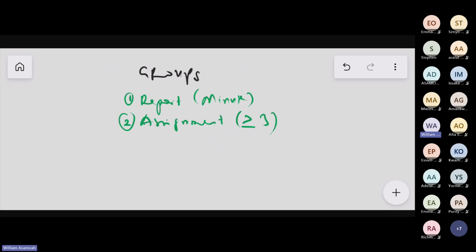But what you can do would be to get a plain sheet, and for each day that you meet, you would write the meeting start time and end time.